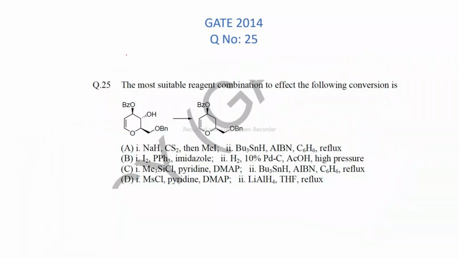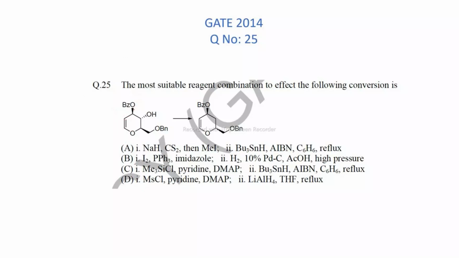Okay. We're going to discuss one GATE question from GATE 2014, question number 25. The most suitable reagent combination to effect the following conversion is. So here is an OBz group. This is a six-membered ring with a double bond here. One OBz group, one ester group is there.